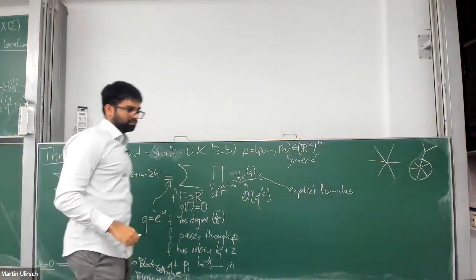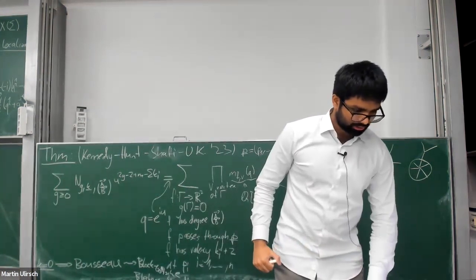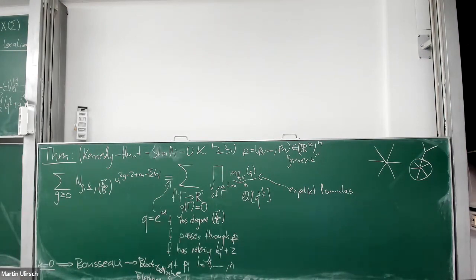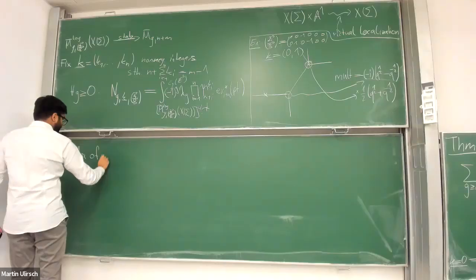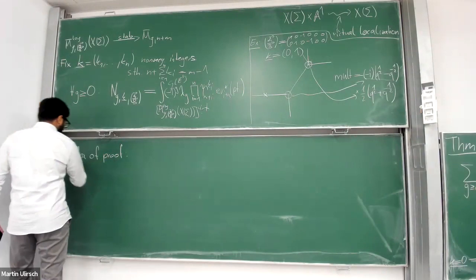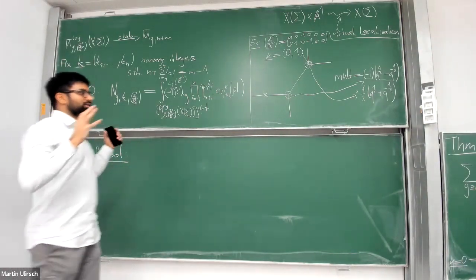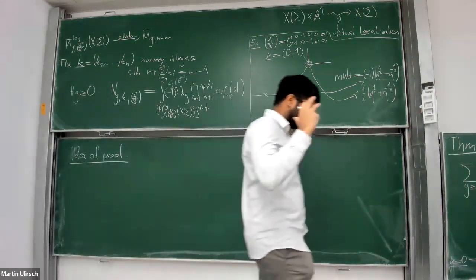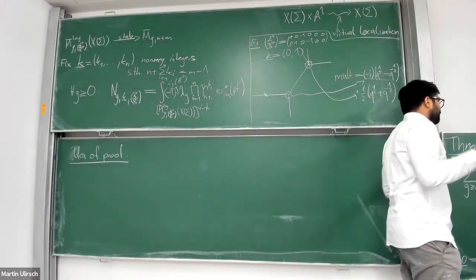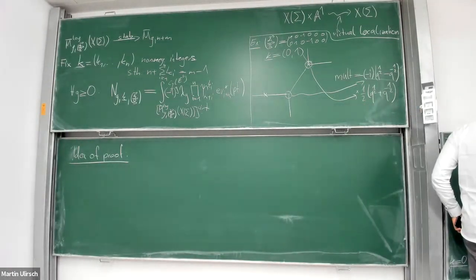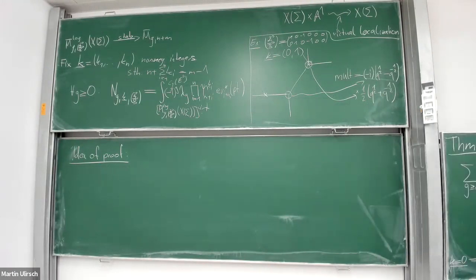Okay, then I'll just very quickly say something about the proof. There is, let's say by now, more or less standard log Gromov-Witten theory machinery that will reduce this theorem to calculating its vertex contribution.